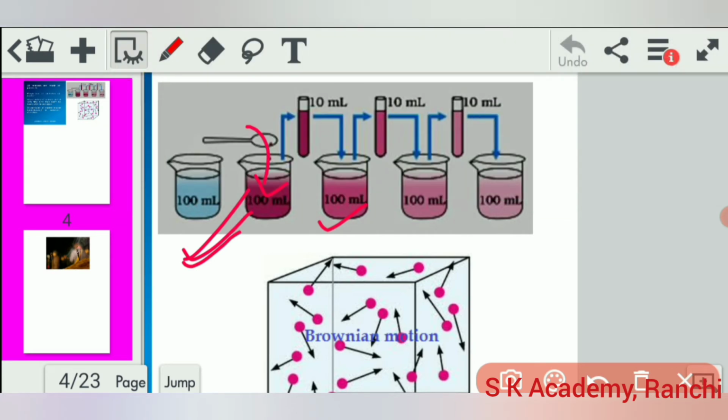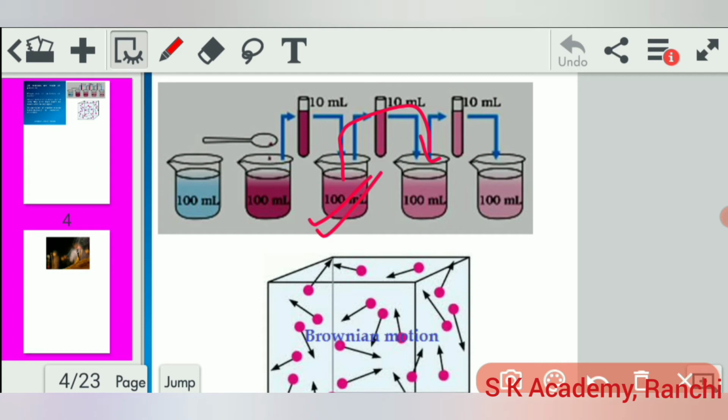You take another glass with 90 ml and separate 10 ml from this glass and put it in this 90 ml glass. So now it has a total volume of 100 ml of water. You will find that this 100 ml of water also gets colored. You separate another 10 ml and mix with another 90 ml fresh, clean water.